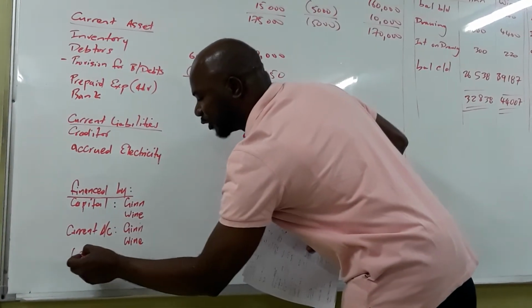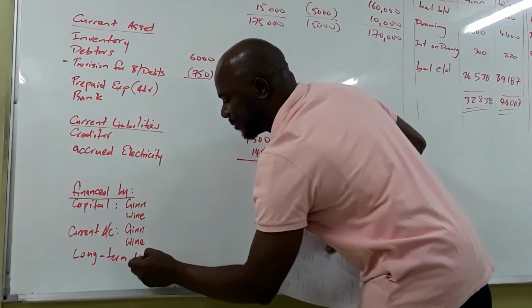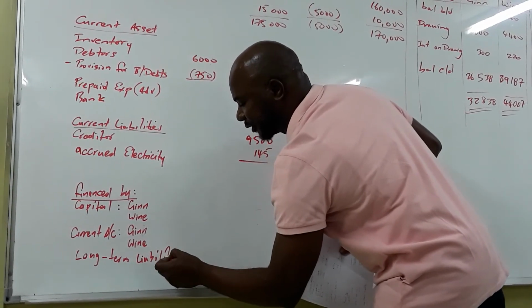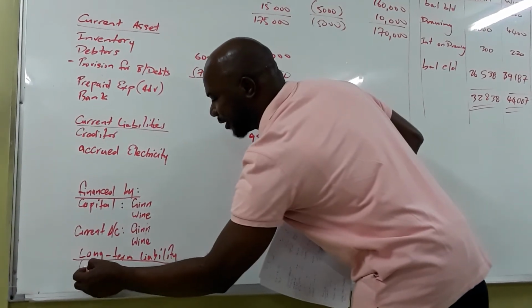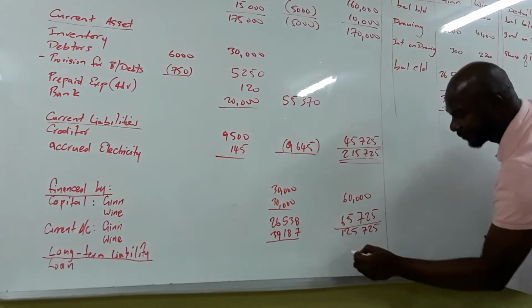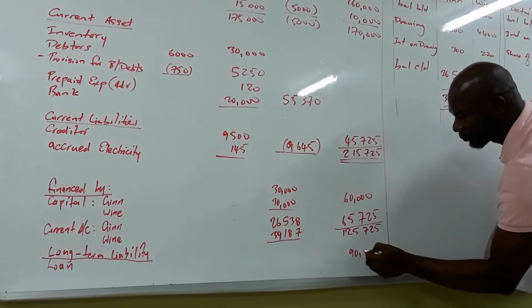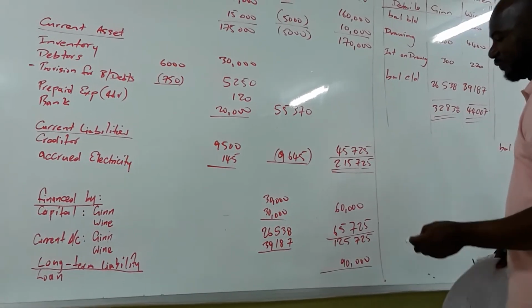So we move to the long-term liability, which is ahead in your balance sheet, and the long-term liability there is our loan. That total was 90,000.